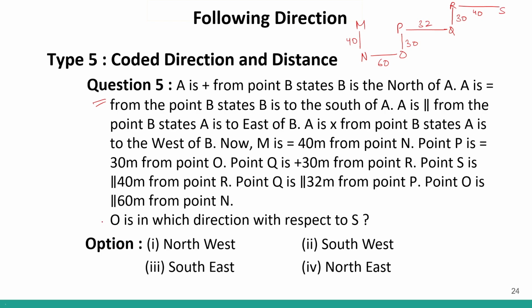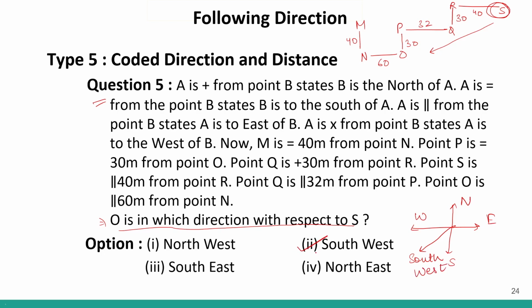Now, we have to find out O is in which direction with respect to S. So this is the direction of O. Let us draw the chart. This is north, this is south, this is west, and this is east. So this direction will be called southwest. So our answer will be option number 2, southwest.